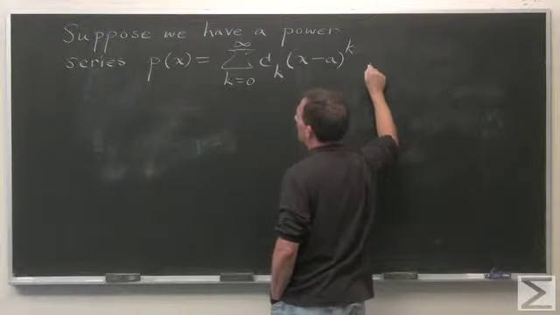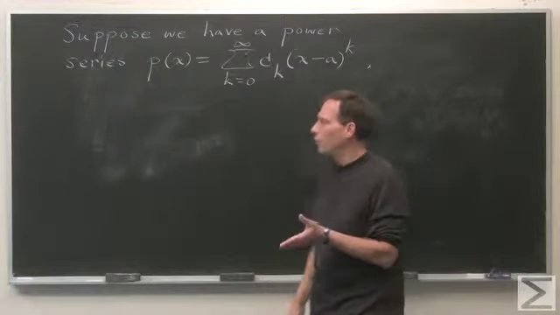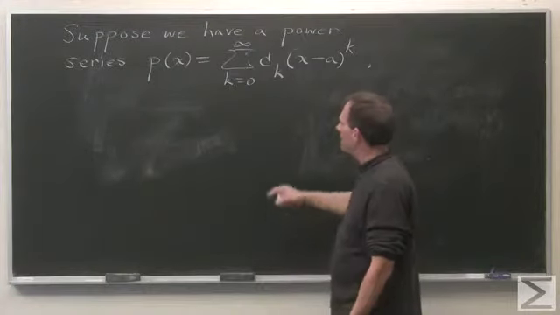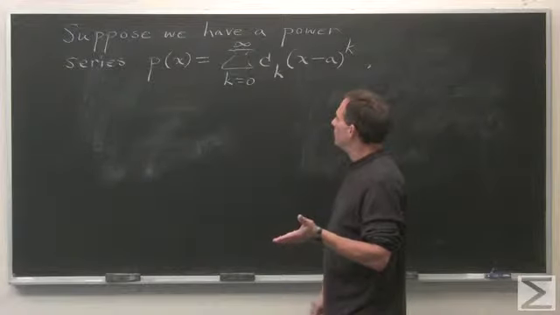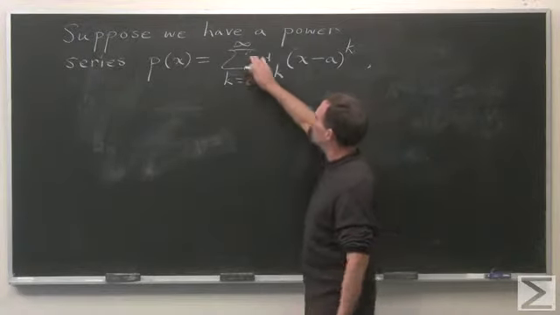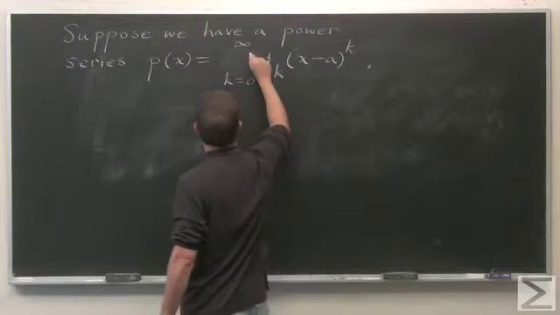We want to know what this means as a function. Well, what do you think it means? It means what it meant in the Taylor series case, and what it meant when we were just doing series of numbers.